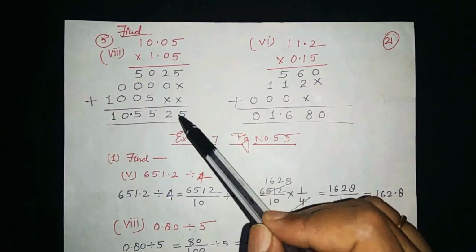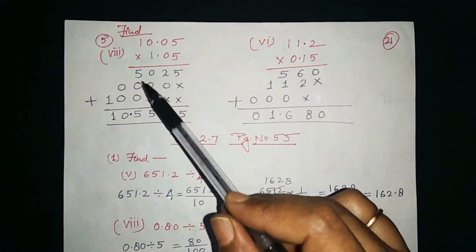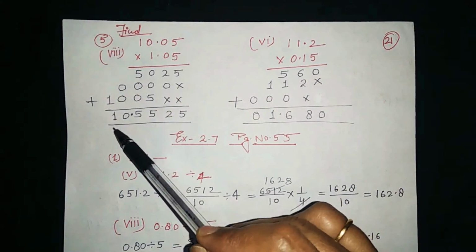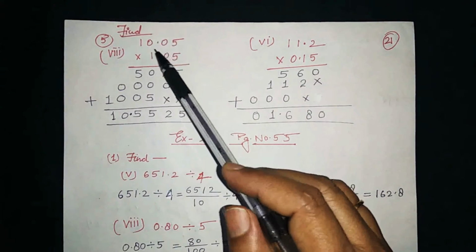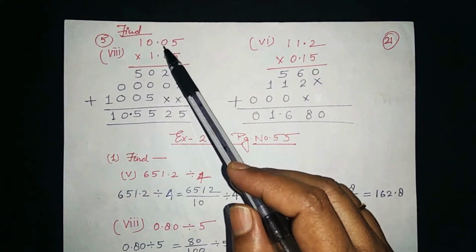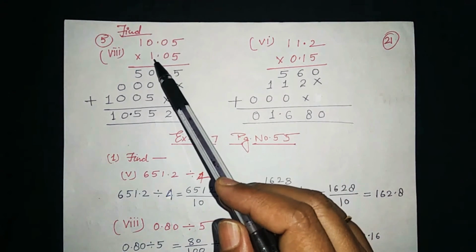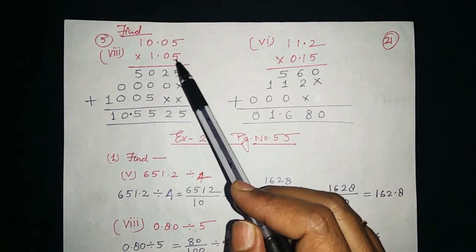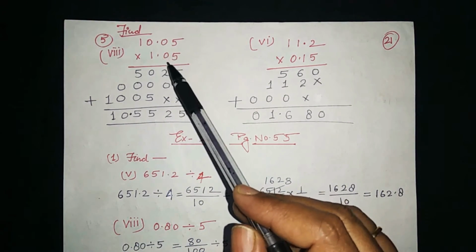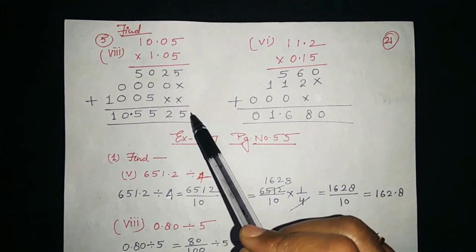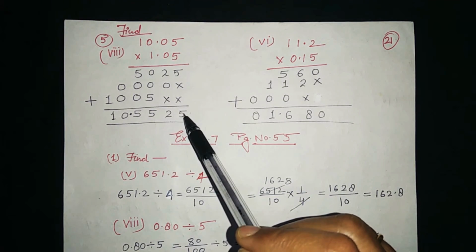Now we will add here 5, here 2, here 5, here 5, 0 and 1. Now in 10.05, after decimal you can see two digits. In 1.05, after decimal you can see two digits. So in your answer, in the product, what will you do?